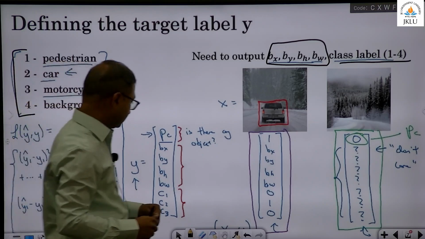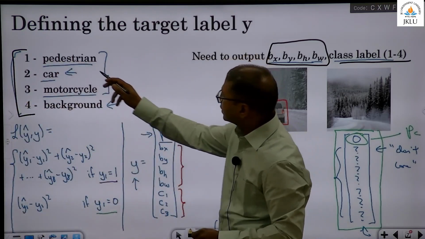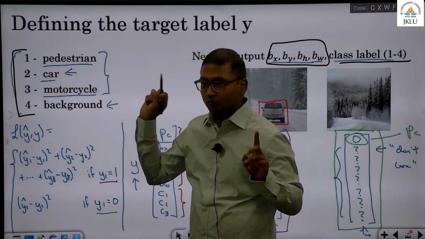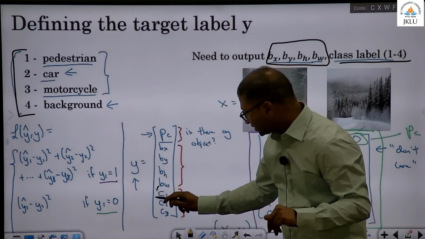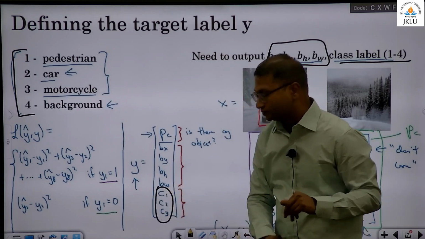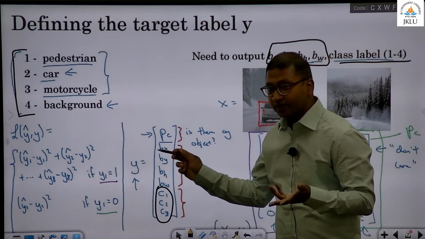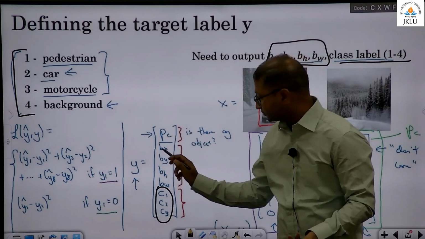Right. So label 1 is for pedestrian, 2 is for car, 3 is for motorcycle. So you have only C1, C2, C3 here. You have to help me figure out why not C4.